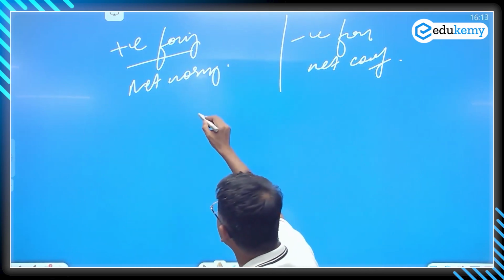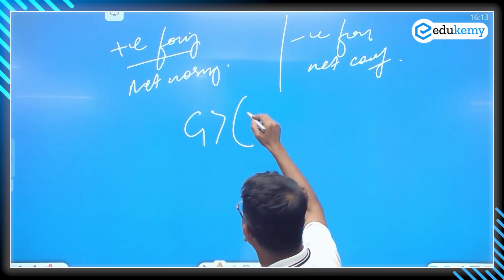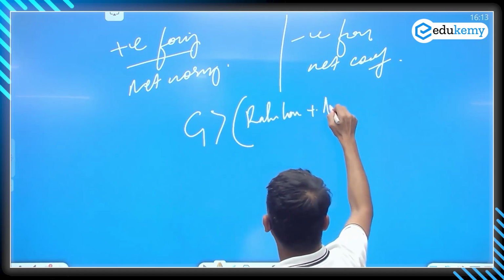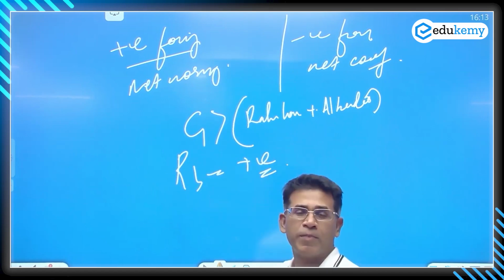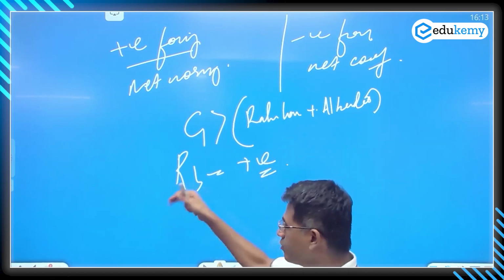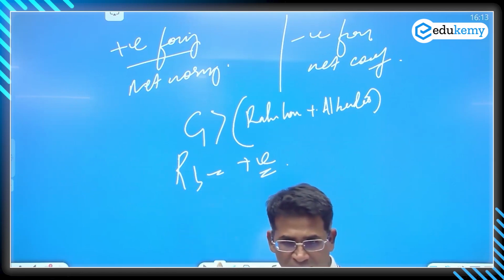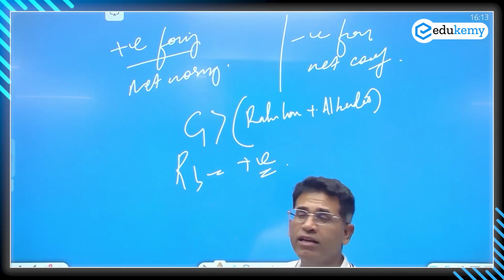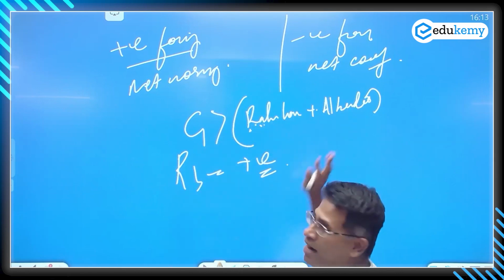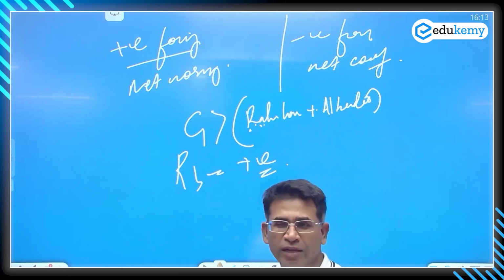So what will happen here? G is more than, okay, radiative loss plus albedo. Here RB is positive. The net incoming radiation, G, the equation you wrote, G, okay. So net incoming radiation is more than the radiative losses and the albedo together.